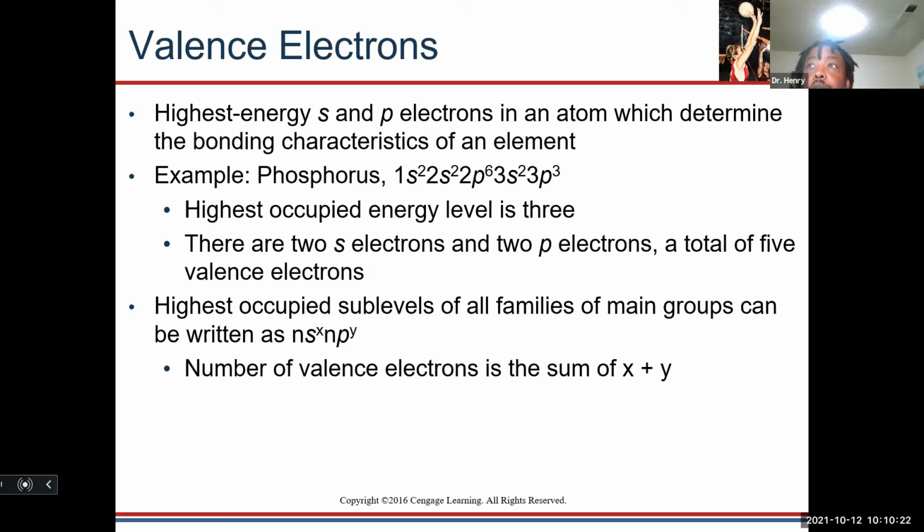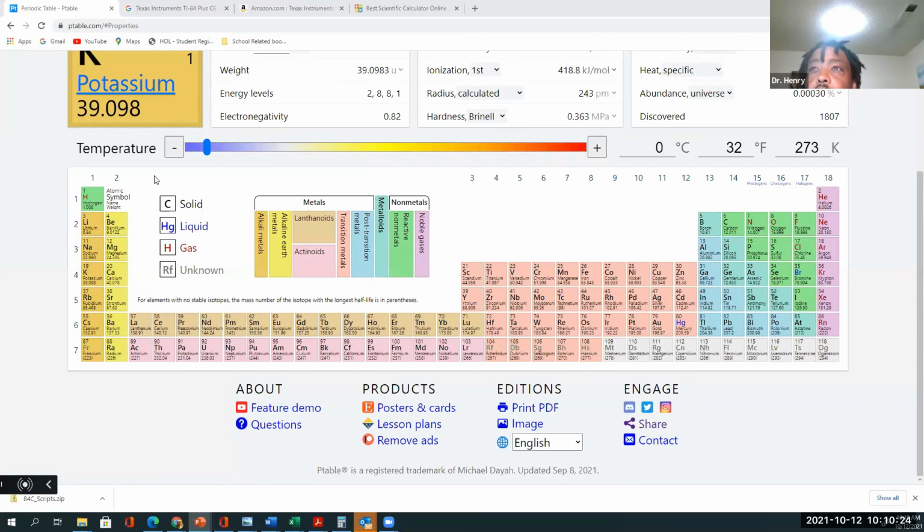You guys remember which ones are part of the main group? It's going to be this guy and these guys. Okay, so group 1, group 2, group 13, 14, 15, 16, 17, 18. So basically just the s and the p orbitals. We're going to be focusing primarily on that when we're talking about valence electrons.